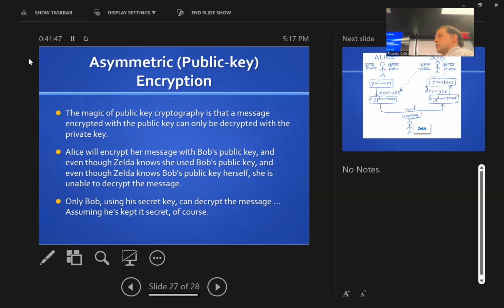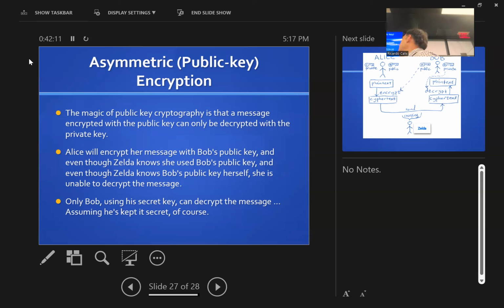So for instance, let's think about this. Alice will encrypt her message with Bob's public key. Okay? And even though Zelda knows she used Bob's public key, and even though Zelda knows Bob's public key because Bob has it on his website, right? It's available right there. She is unable to decrypt the message. Why?